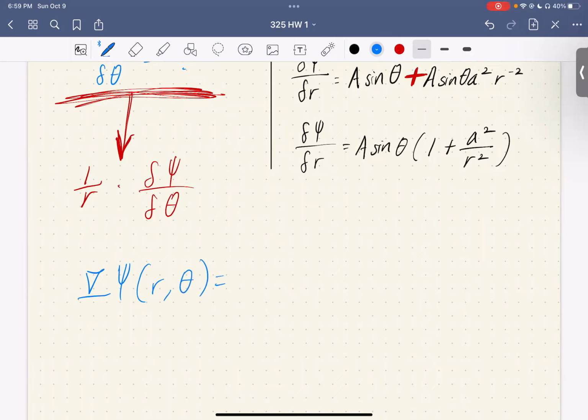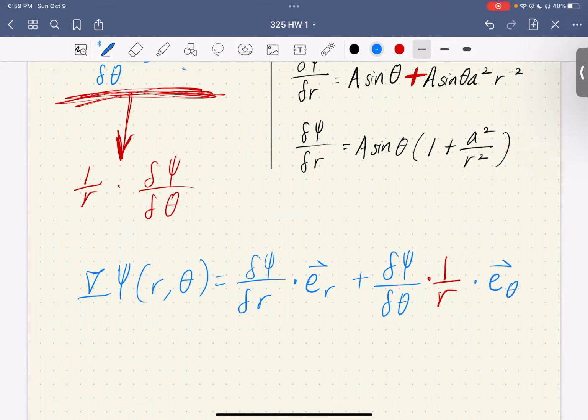It equals the partial derivative of phi with respect to r times the unit vector r, plus the partial derivative of phi with respect to theta, and please don't forget the times 1 over r, times the unit vector of theta. That will be the answer that you are looking for. Great, let's move on to the next question.